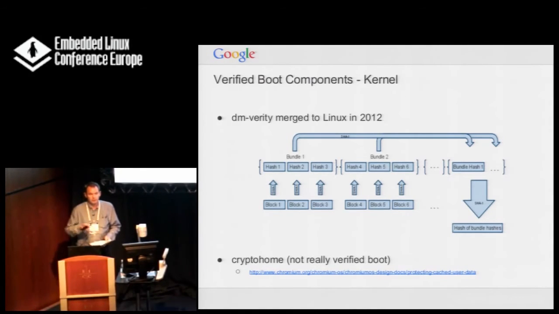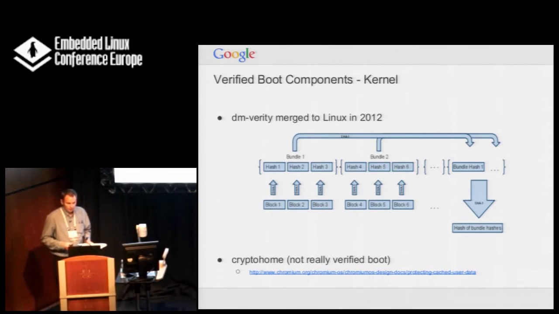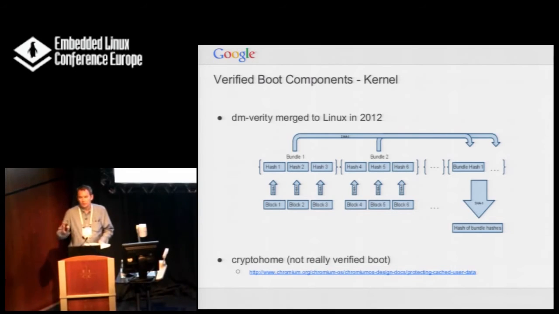From there, we can verify the entire tree of hashes, and therefore the entire root file system. So that's essentially how dm-verity works. If you're willing to have a read-only root file system, you can use a similar approach and completely verify all the code that runs from the root of trust all the way through to user space.